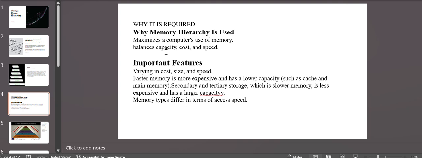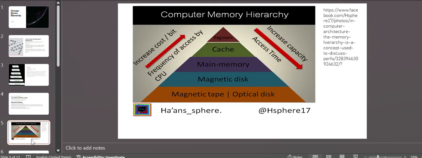What are the important features, varying in cost, size, and speed? Faster memory is more expensive and has lower capacity, such as cache and main memory. Secondary and tertiary storage, which is slower memory, is less expensive and has larger capacity. Memory types differ in terms of access speed.